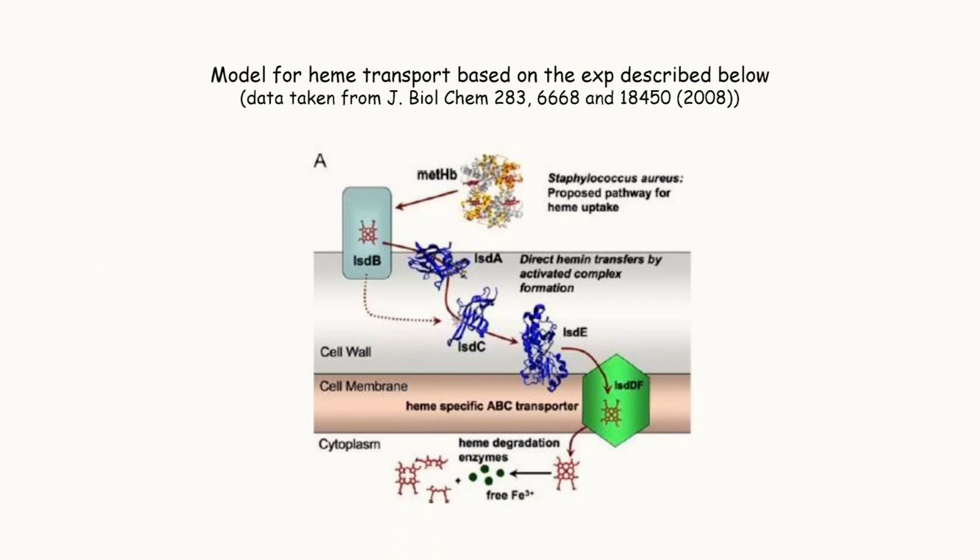And those are the kinds of questions that people are actually focused on. So this is one model that came out of the types of studies that you guys had on your problem set. And eventually, you need to get down here to transfer this to the ATPase, which allows the heme to be transferred into the cytosol. So these proteins are structurally distinct from this protein, which is structurally distinct from that protein.